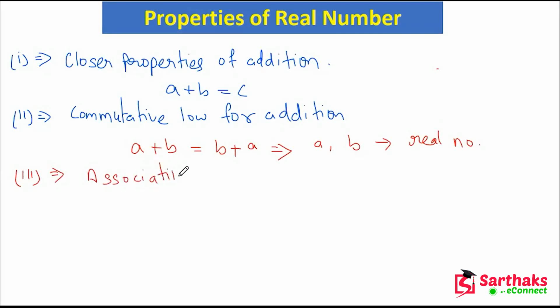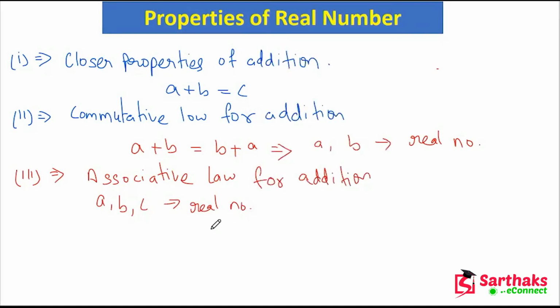It says that if we have three real numbers, let's suppose a, b and c, and we add the first two numbers and then the third number, or we add the last two numbers and then the first number, the result will always be the same.